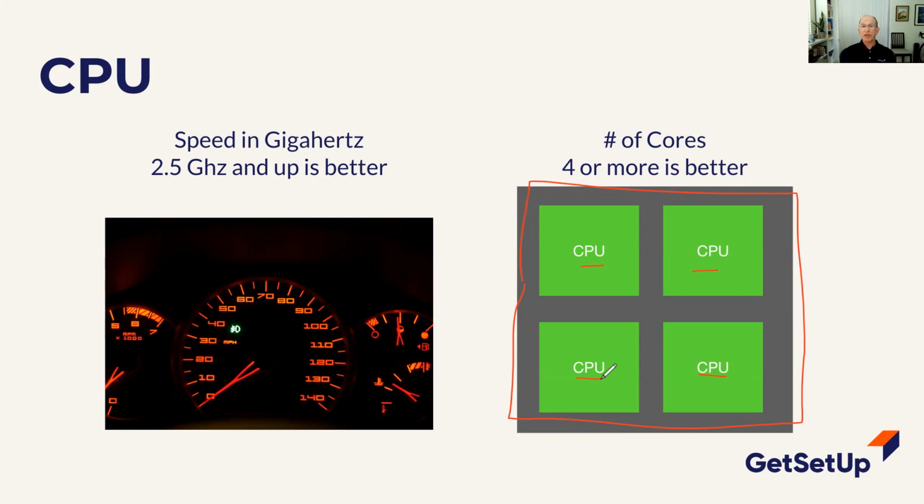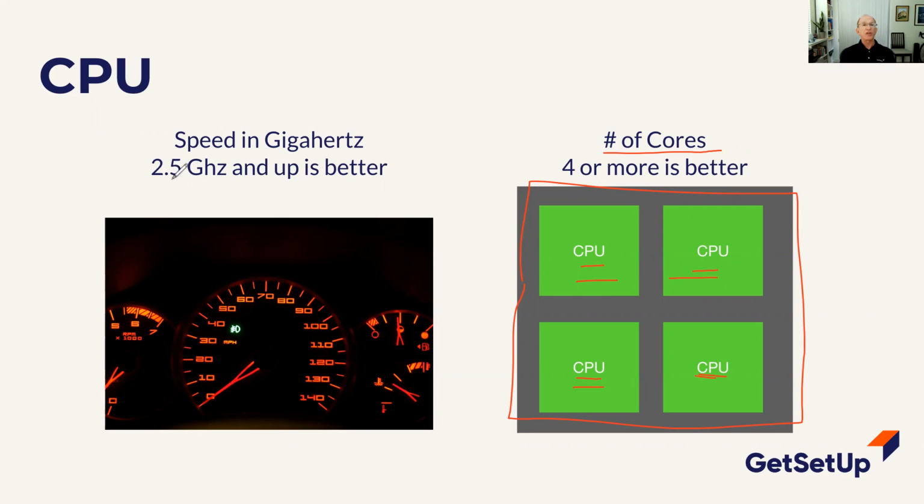It's like having a computer with 4 computers inside of it when it says it is a 4-core computer, or a dual core is 2 cores, or 1 core is 1 CPU. As you can probably guess, the more CPUs you have in your computer, the faster it can calculate.